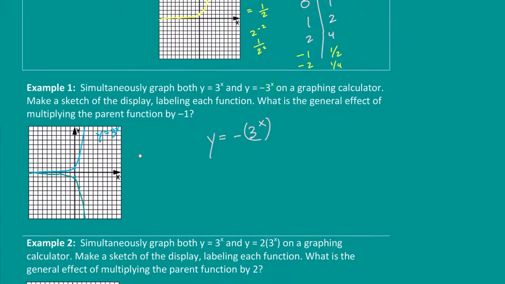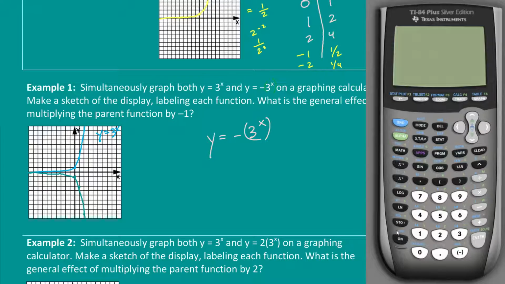They want us to graph it on a graphing calculator. So if we were going to graph that on a graphing calculator, it would be done like so. You would turn on the calculator, you go to y equals. From there, you could plot out both 3 to the x as well as negative 3 to the x.